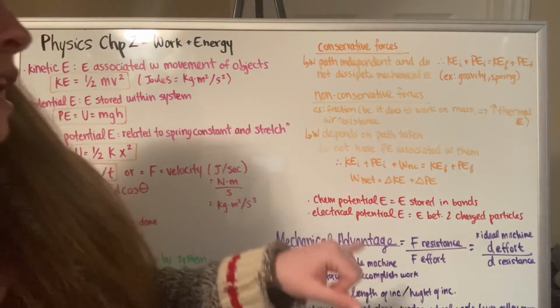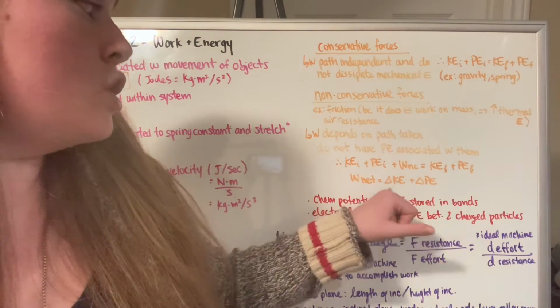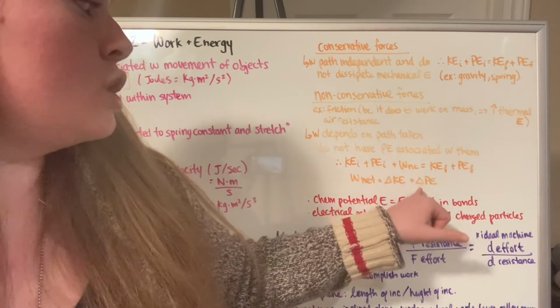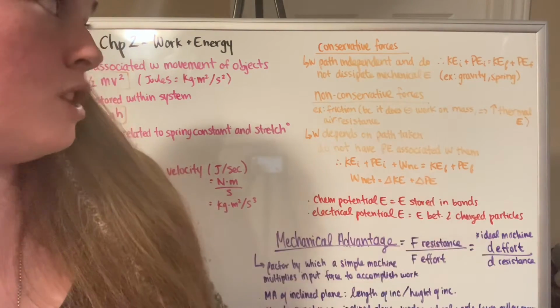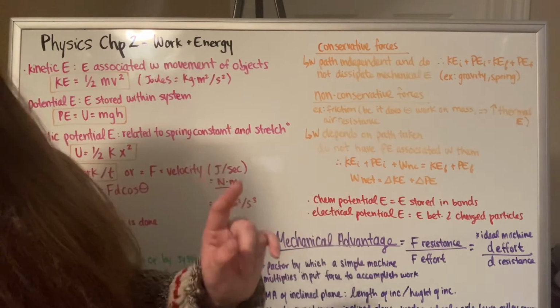Which means that the net work is equal to the change in kinetic energy plus the change in potential energy. Okay, so that's the difference between conservative and non-conservative forces.